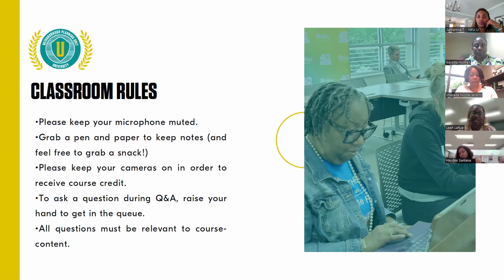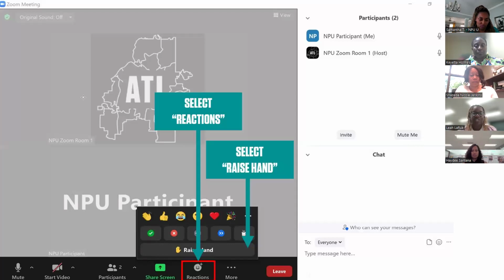So this is a good class to bring those questions that are relevant perhaps to your area or other things that you've seen around the city. To raise your hand, you'll want to click the reactions button at the bottom of your screen. When you do that, a pop-up box will appear and it says raise hand. You'll click on that button, and that is how you raise your hand. If you haven't done it in a while, feel free to practice.